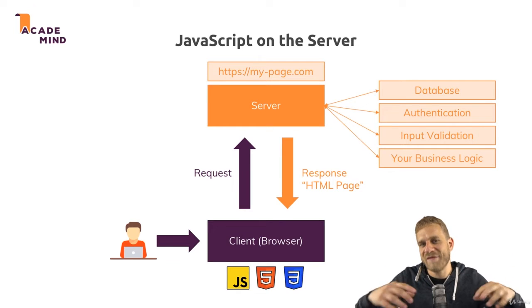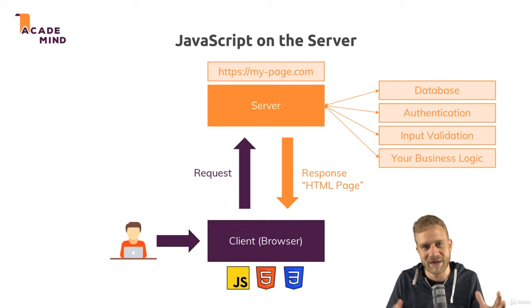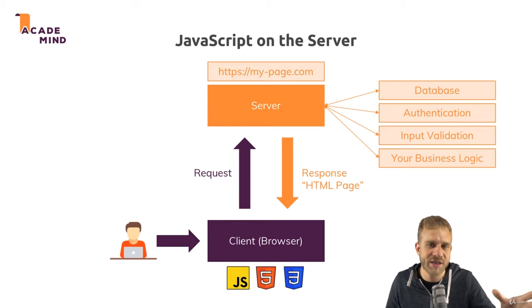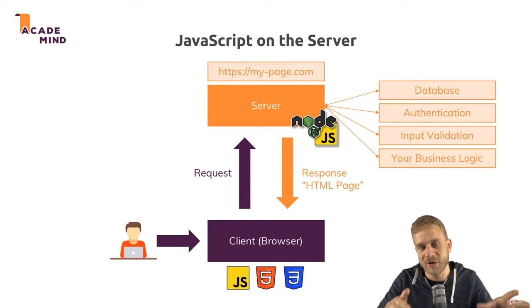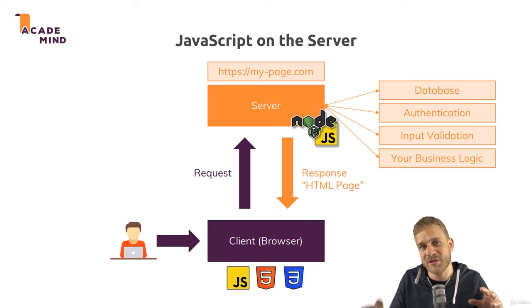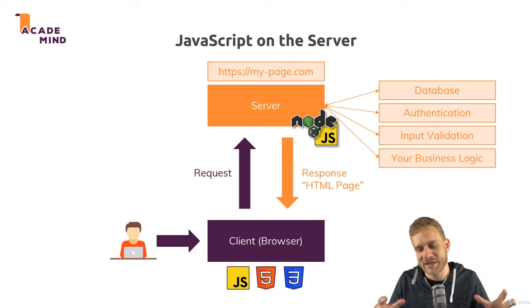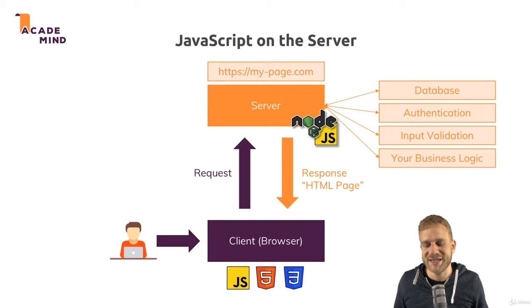And in general, we have our business logic on the server. Everything our users shouldn't see, which takes too much time to run in the browser, where we obviously want to deliver a fast user experience, or anything of that kind. And that is where we use Node.js. So also JavaScript code, but this time not on the browser, but on the server. And this is where we use the many features Node.js gives us.